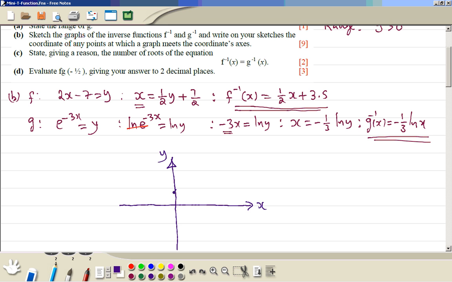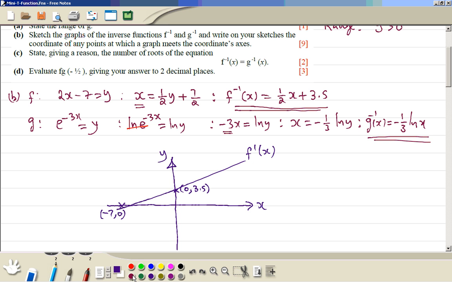So this graph goes through this point (0, 3.5). If you put this equal to 0, that means y is 0, you will get x equal to minus 7, which is here. So you've got 2 points, then you join them. So this is f inverse.